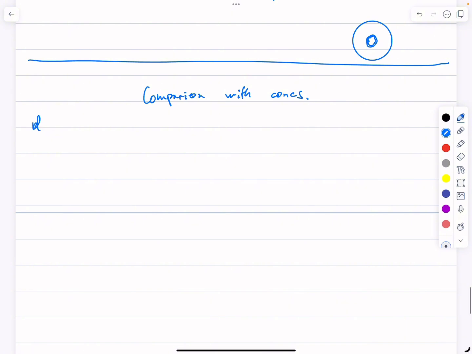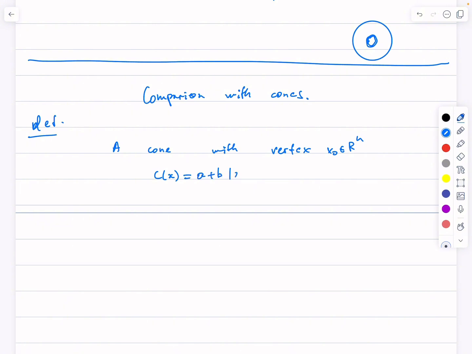Okay, the definition of comparison with cone is simple. Let's say we have a cone with vertex x0, which is from Rn, and our cone has this formula: a plus b times the absolute value of x minus x0, where a and b belong to R. What does it mean in 2D?